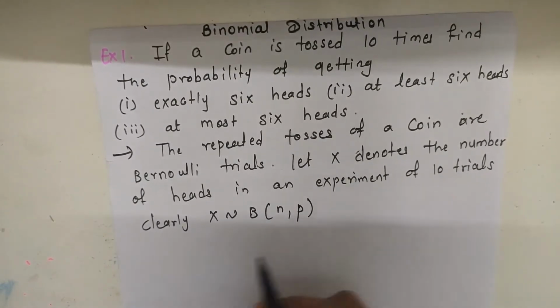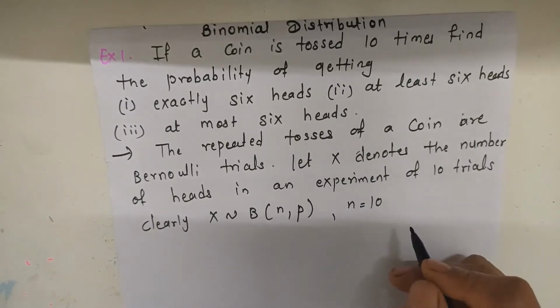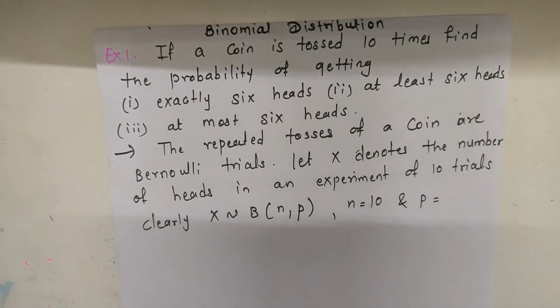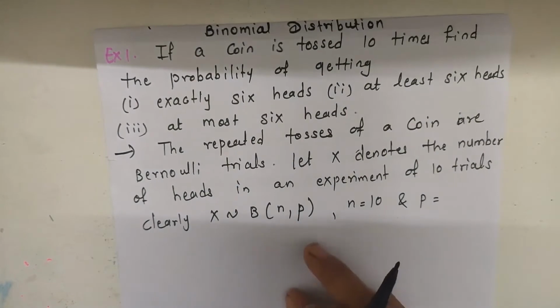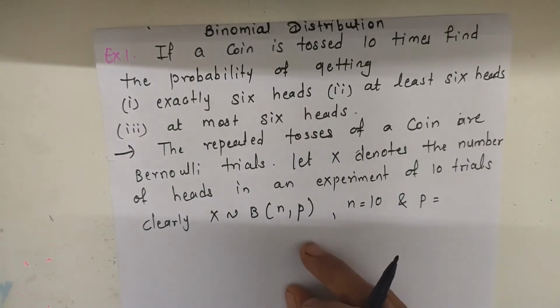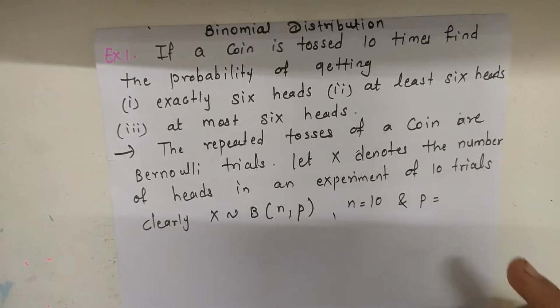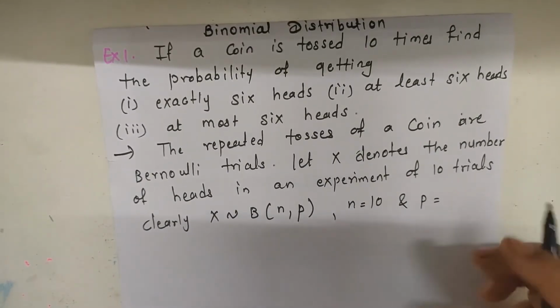Now here n is equal to 10 and p is equal to, here the coin is tossed 10 times. If the coin is tossed one time, then the probability of head is 1 upon 2, one head out of 2 outcomes.